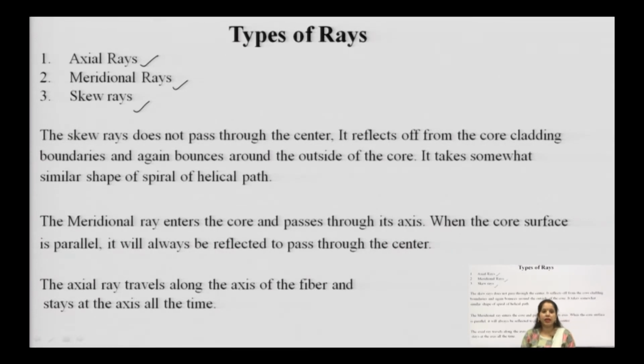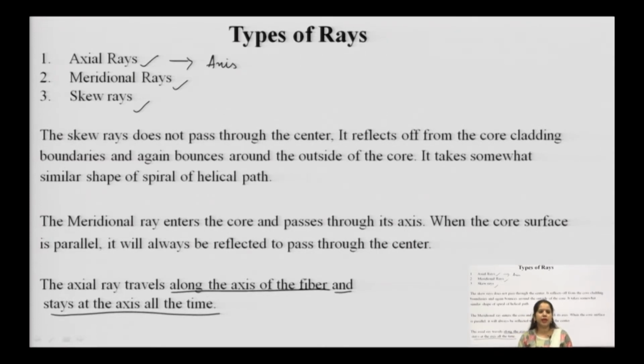As the name indicates, axial means axis. So, in these rays we have something to do with the axis. In this particular type of ray, that is the axial ray, the ray travels along the axis of the fiber and stays at the axis all the time.